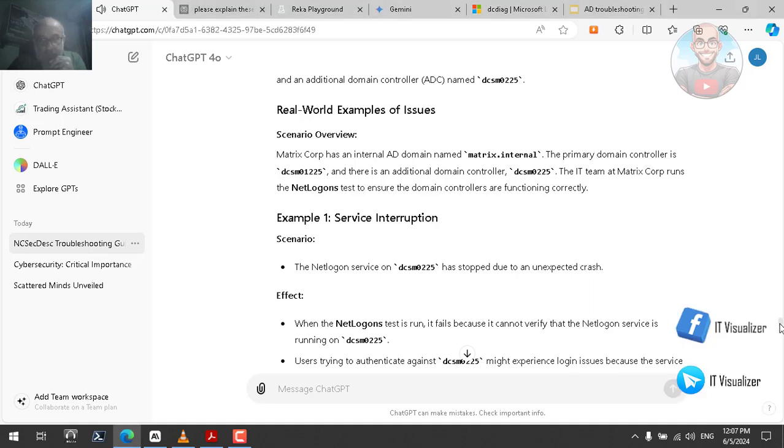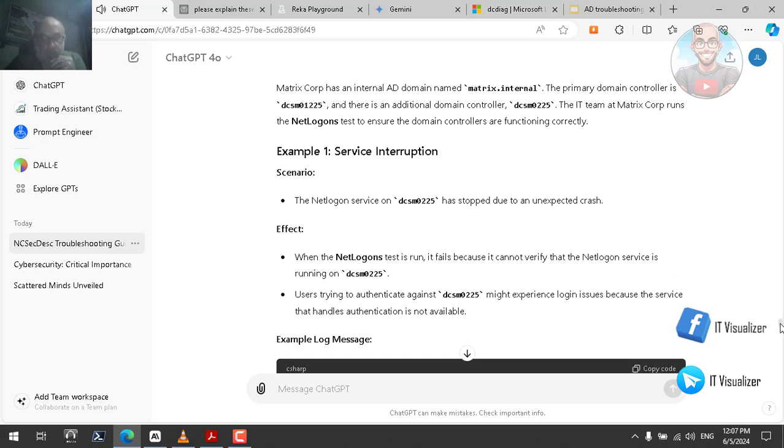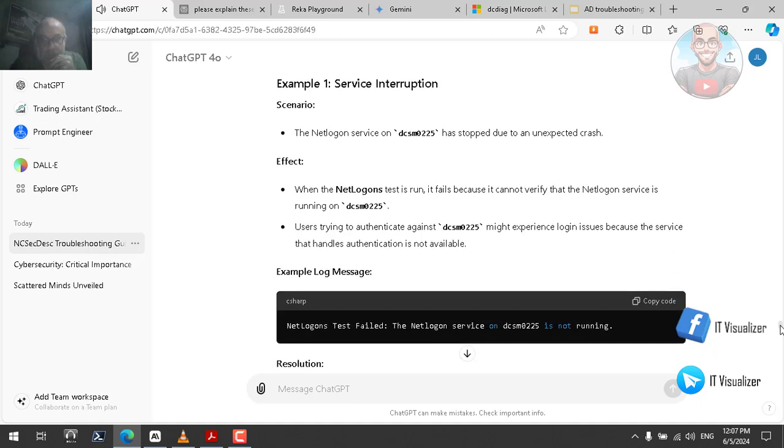Example 1. Service interruption scenario. The Netlogon service on DCSM0225 has stopped due to an unexpected crash. Effect. When the Netlogons test is run, it fails because it cannot verify that the Netlogon service is running on DCSM0225. Users trying to authenticate against DCSM0225 might experience login issues because the service that handles authentication is not available.